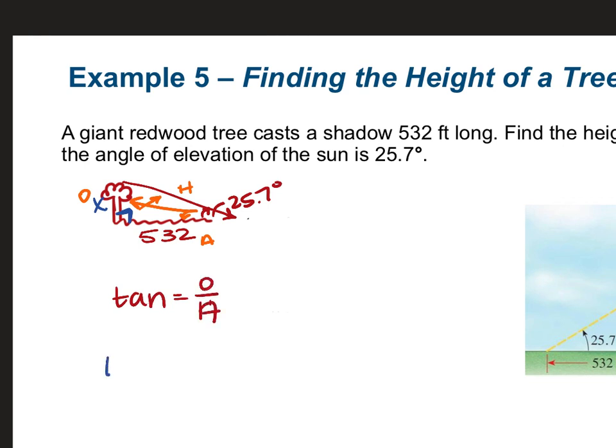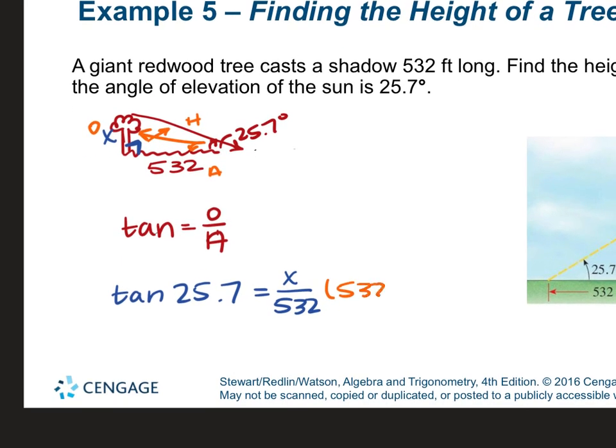So we're going to take the tangent of the degree, which is 25.7, and set it equal to our opposite, which is x, that's what we're finding for, or h, over our adjacent, which is 532. In order to get x by itself, or h by itself, if you put h in, that's fine, we're going to multiply each side by 532. We're going to use our calculator.